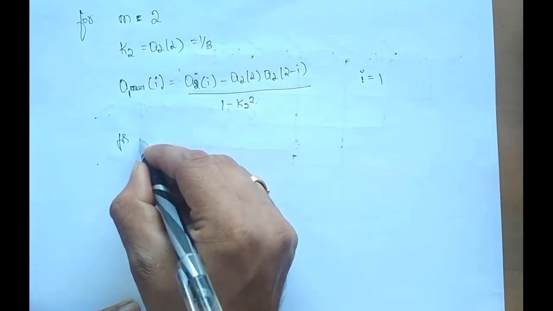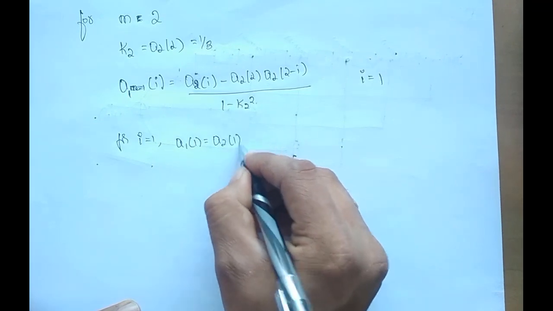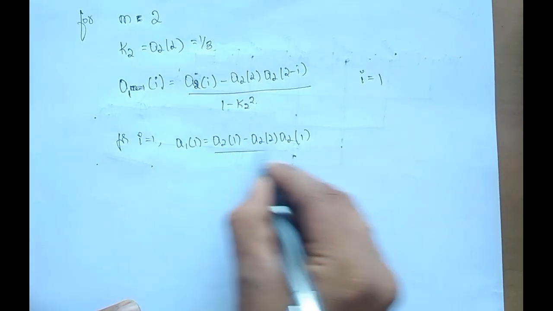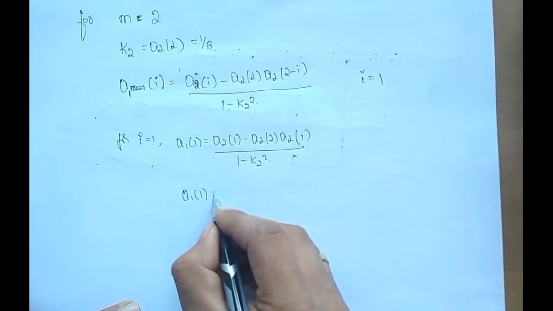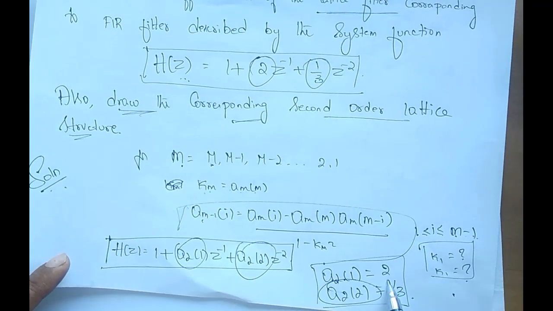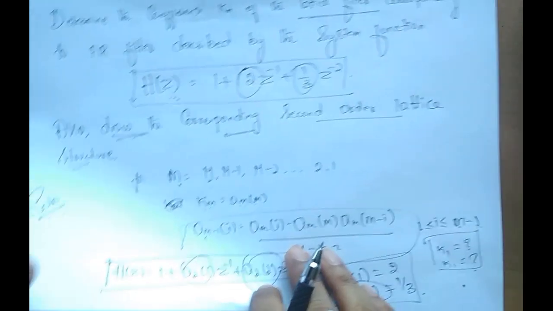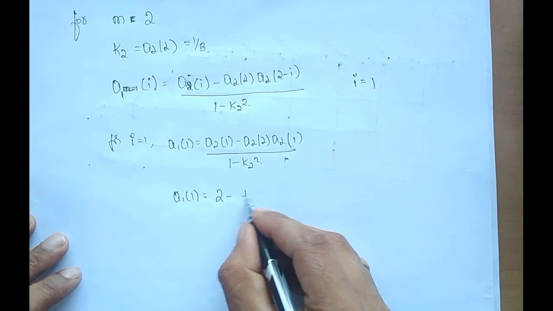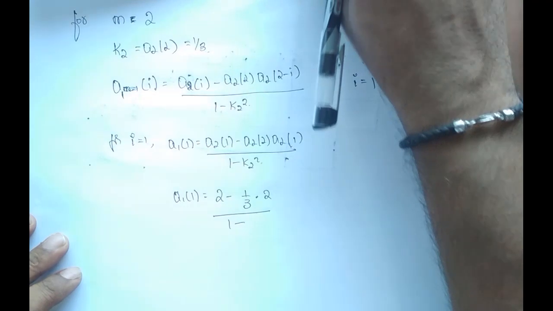So for i is equal to 1, what do we have? a1 of 1 is equal to a2 of 1 minus a2 of 2 into a2 of 2 minus 1, which is 1, divided by 1 minus k2 square, right? What is the value of a2 of 1? a2 of 1 value is 2, right? So it is 2 minus, what is the value of a2 of 2? a2 of 2 is 1 by 3. So it is minus 1 by 3 times a2 of 1, which is 2, divided by 1 minus k2 square.